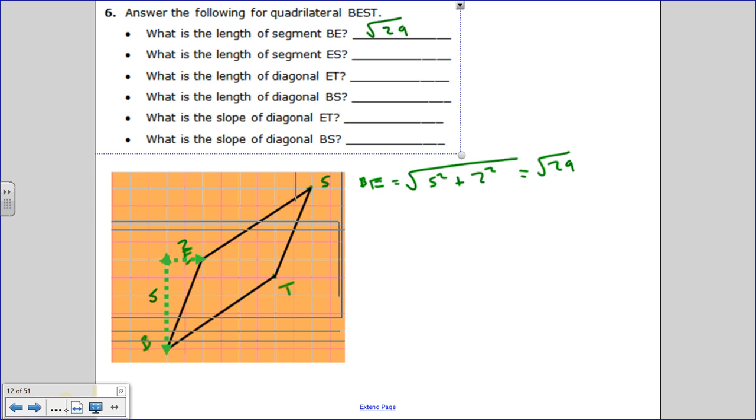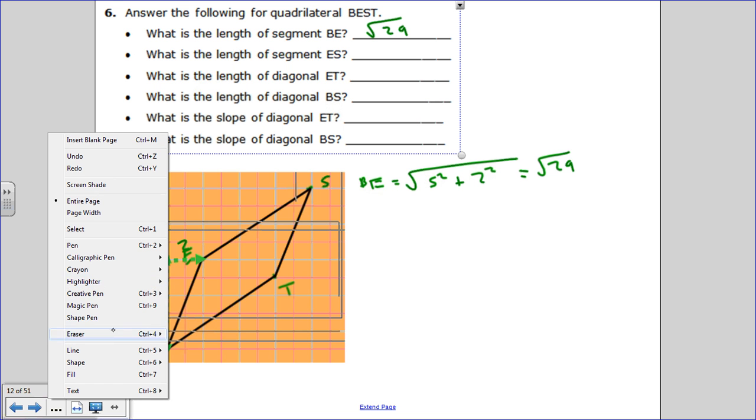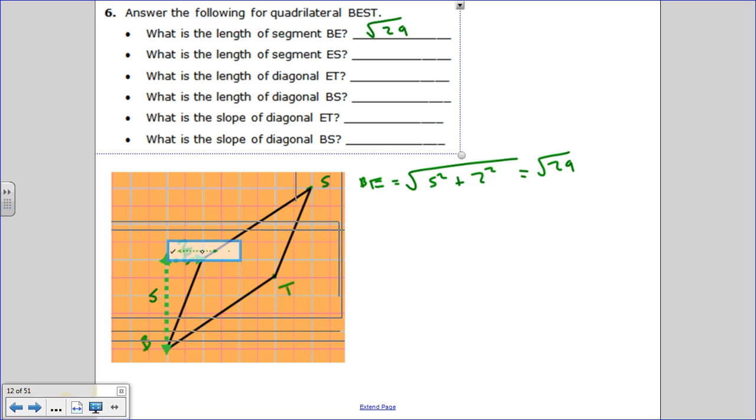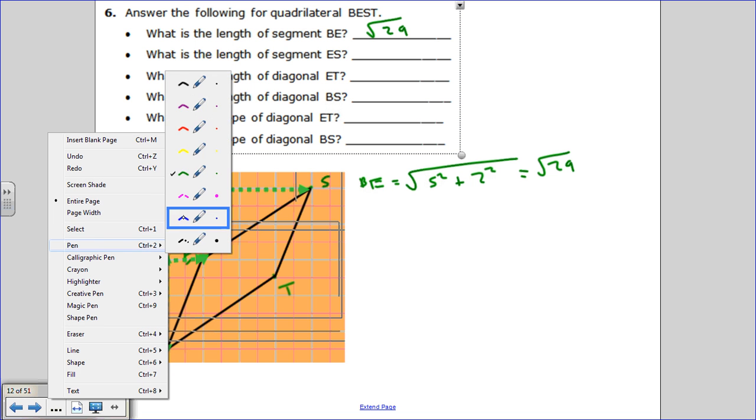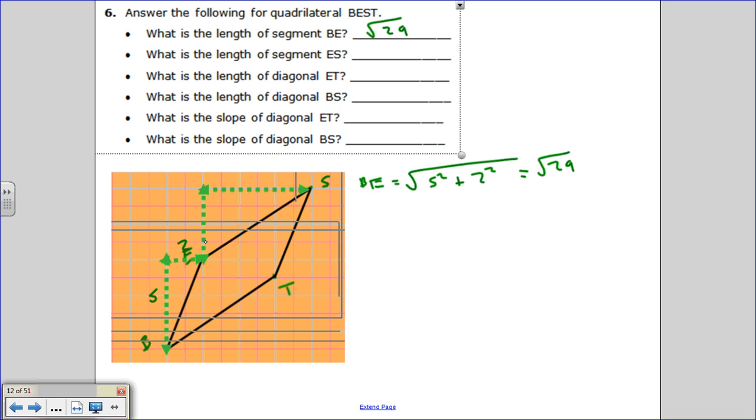Now for ES, form my triangle, go upwards and over. I'll go over up. 1, 2, 3, 4, and over 1, 2, 3, 4, 5, 6.